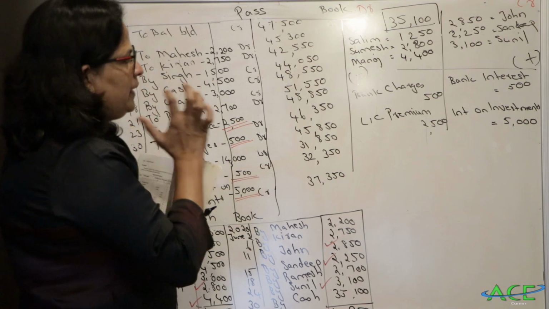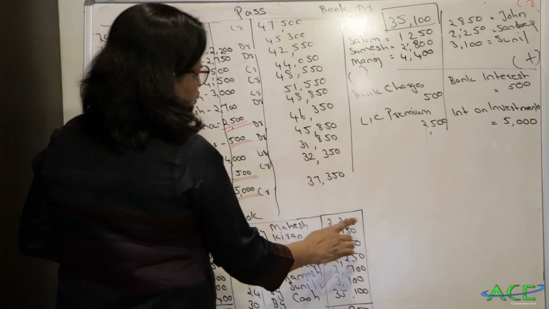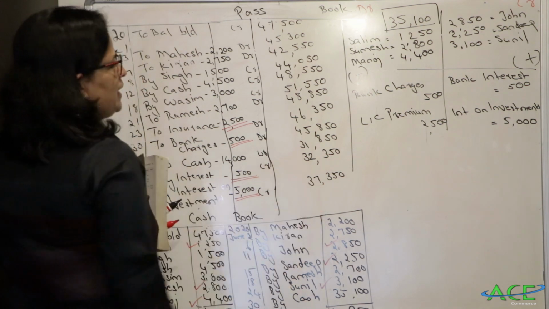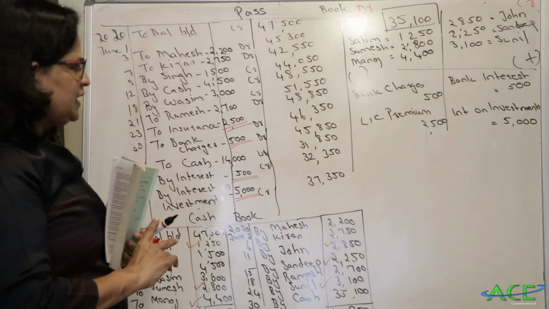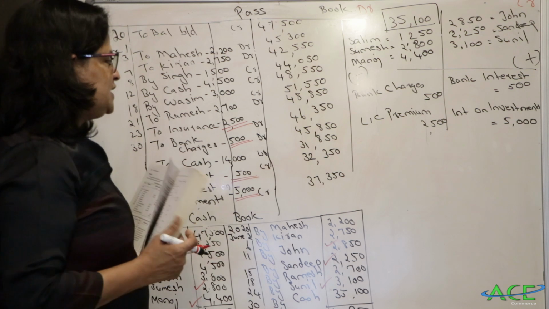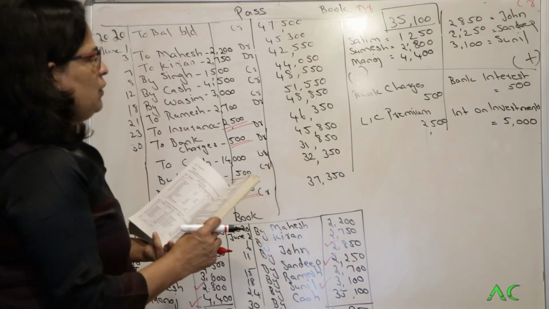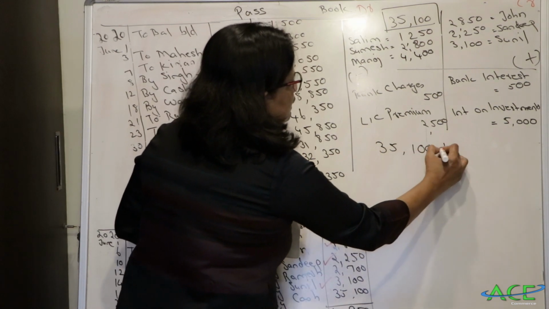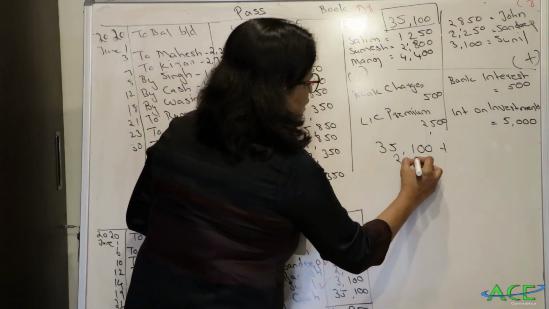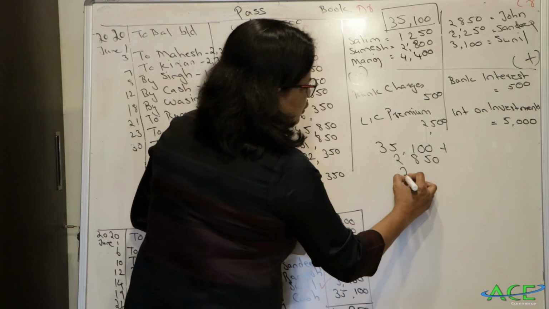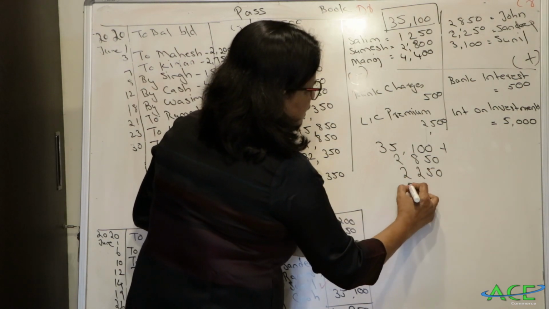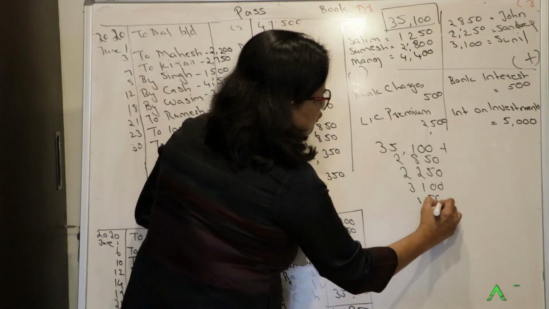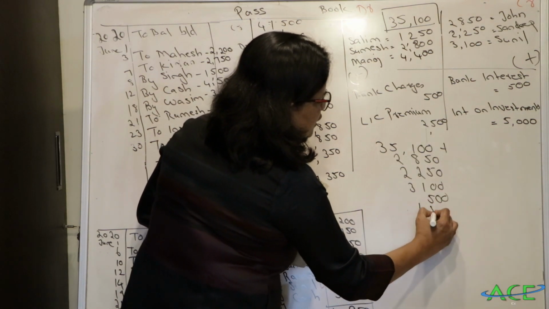Now we are preparing from the cash book to the passbook. Cash book balance is 35,100. We have to arrive at the passbook balance 37,350. Now what we have to do: 35,100 plus, you have to add these values, 2,850, 2,250, 3,100, 500 and 1,500.